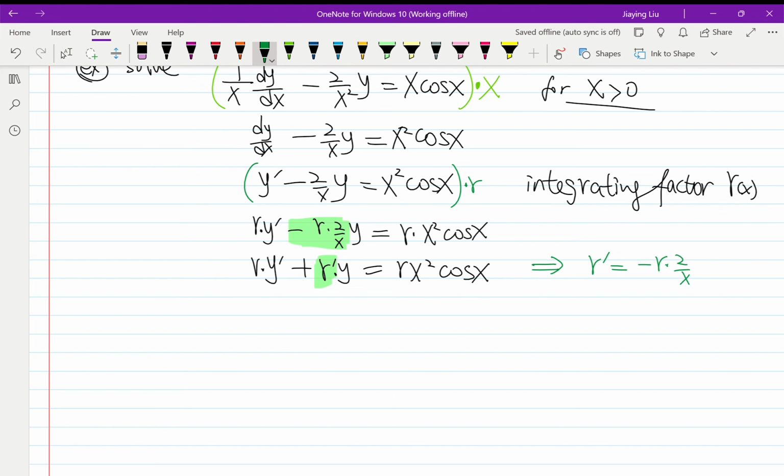So we just set the derivative equal to that part. I'm going to write down one more line on the left here, and then jump to the right side. So the equation on the left really becomes the derivative of r times y, is equal to r x squared cosine x.